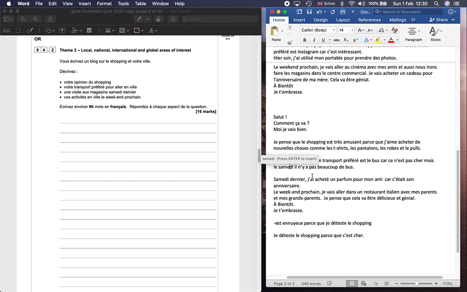Samedi, il n'y a pas beaucoup de bus. So let's say if we have 90. Yeah, it's 102. So the bus is cheap, but however, on Saturdays, there's not too many buses. So le samedi, il n'y a pas beaucoup de bus.